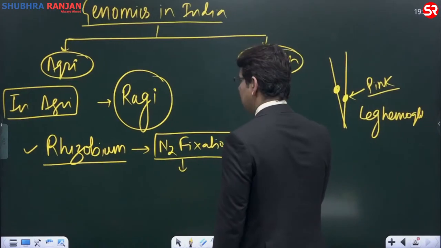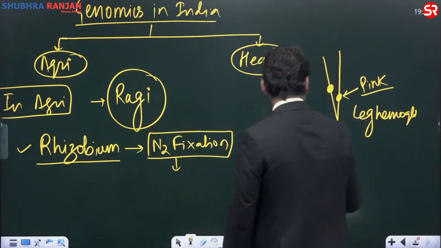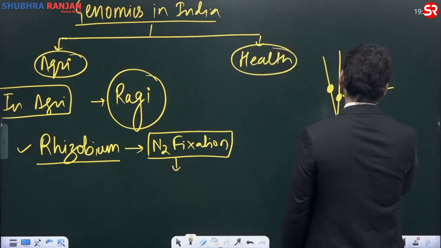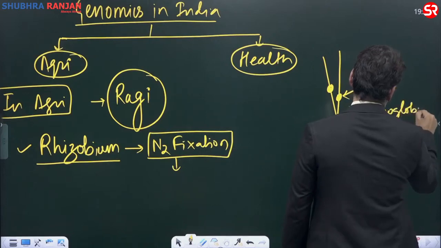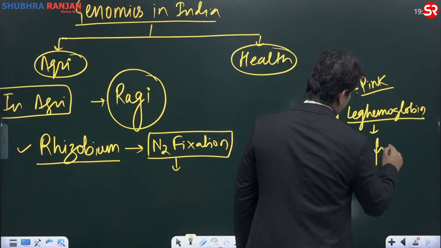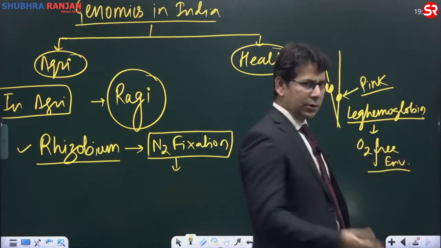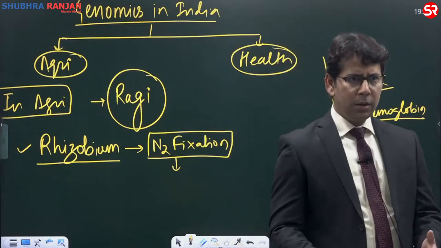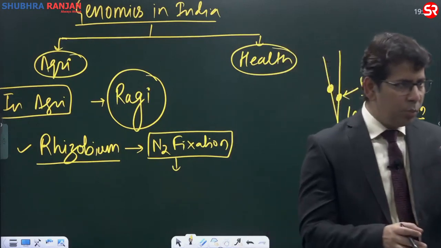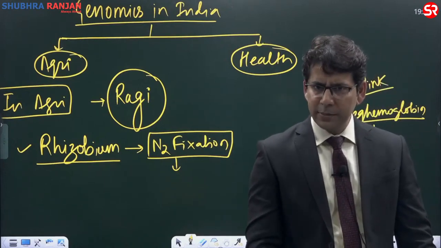So this is leg hemoglobin, because leg hemoglobin creates an oxygen free environment. For whom? Rhizobium. So leg hemoglobin is legume hemoglobin that is there only in leguminous plants.